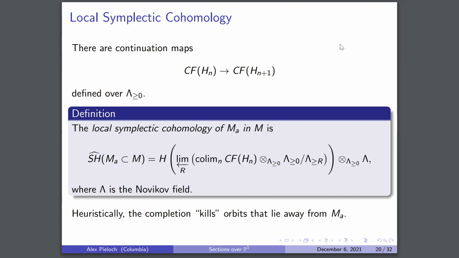Why do you not get control of your holomorphic curves, even though your Hamiltonians are within a compact set? Oh, yeah. So basically, you'll see it in a little bit.